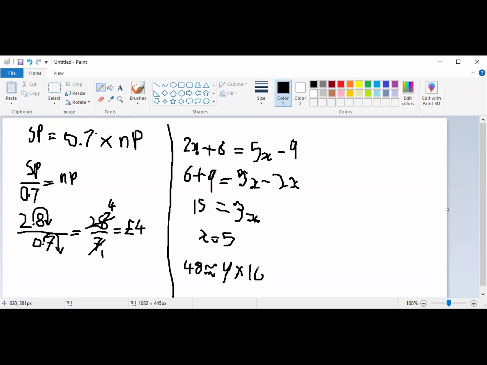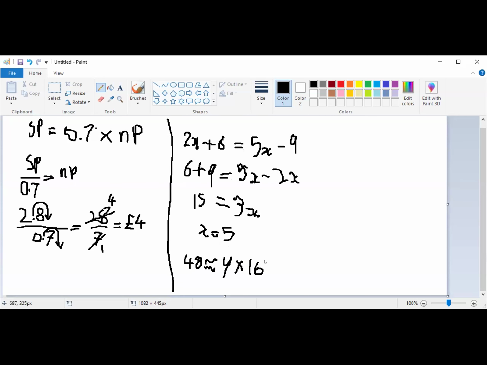Remember that principle: you're looking for something and something else is multiplying it, so divide both sides by that thing. So y will be equal to 48 divided by 16. So y equals 3.